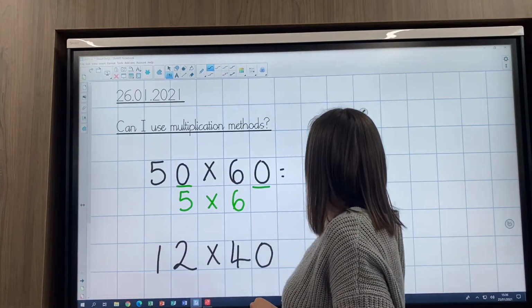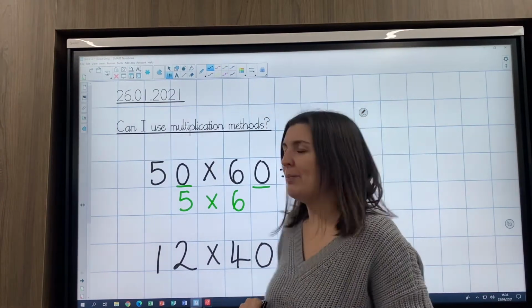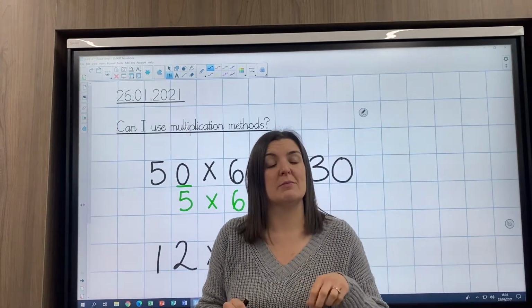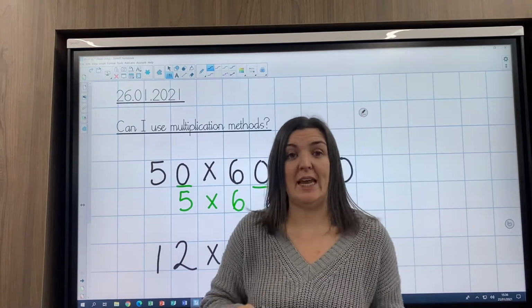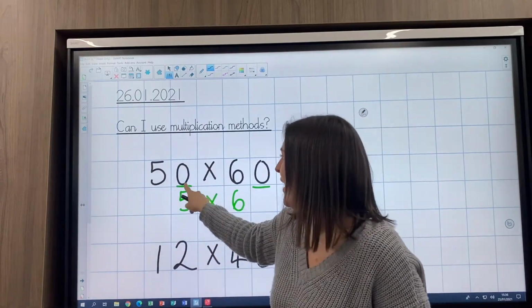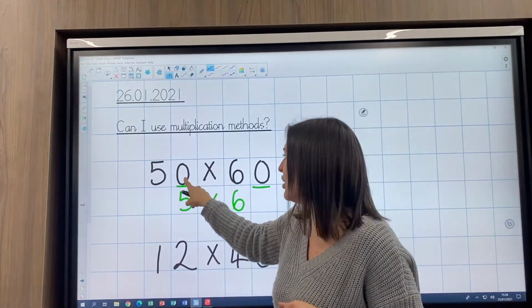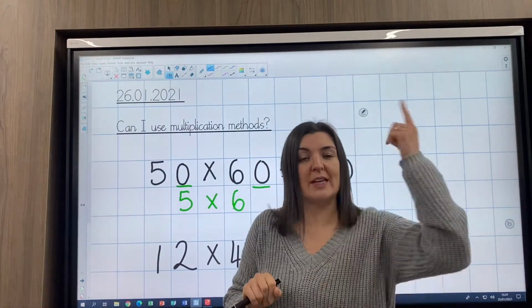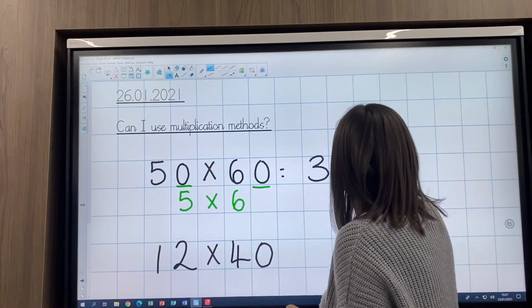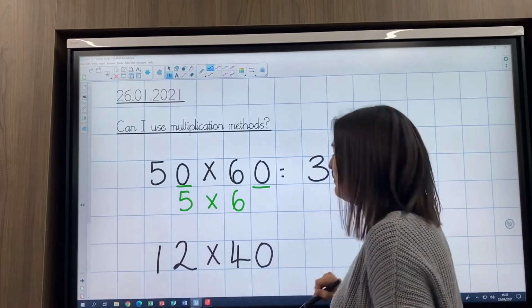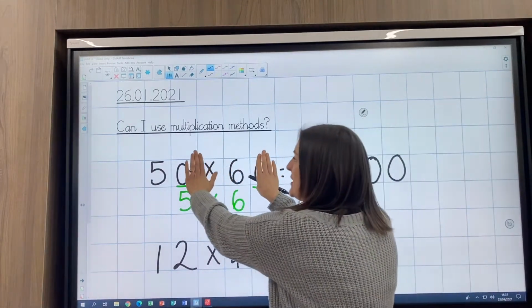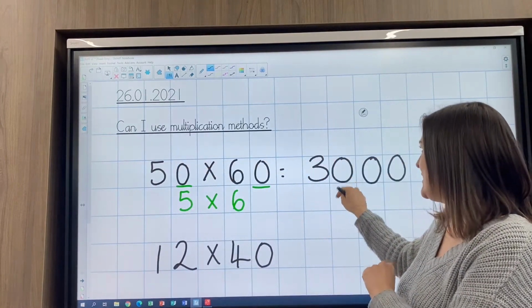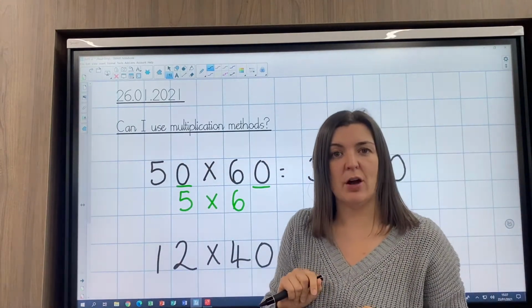But I haven't finished because I've only done 5 times 6 and it was 50 times 60. So now I've written down 30, I've got to go back because I knocked 2 zeros off. So I need to put those back on. So that gives me 3,000. So I've knocked the zeros off, written the answer down, and then added the zeros back on.